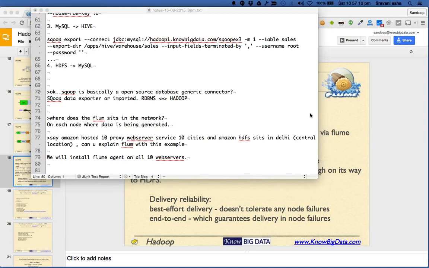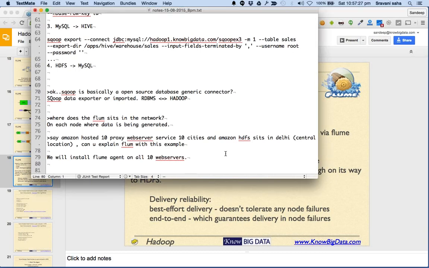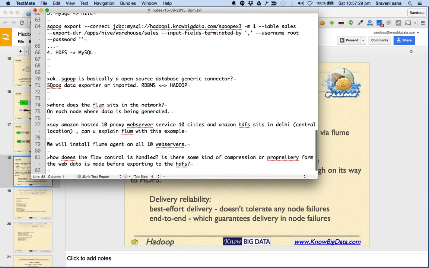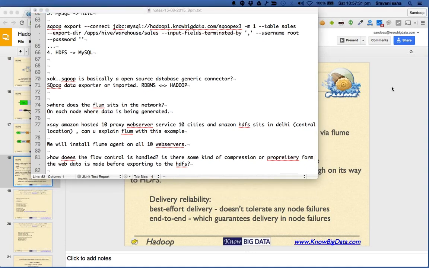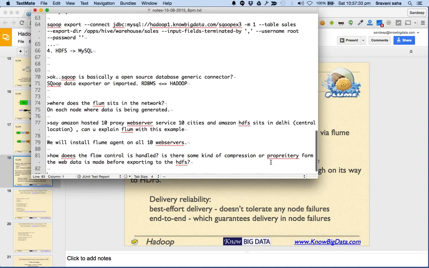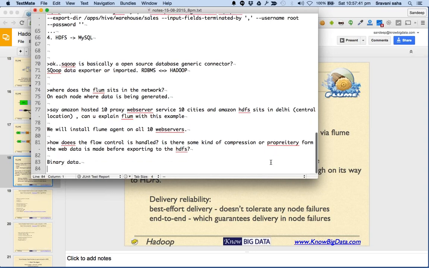All right, next question from Damodaran is how is the compression handled? It's a proprietary form of web data. Yes, it is generally kept in binary data, a standard binary byte array kind of data.